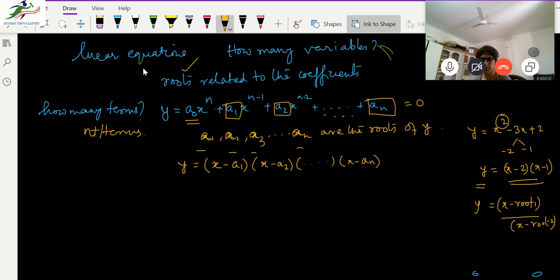Okay. But before I do that, let me simplify this equation a bit more. I can write this as a0 into x to the power n plus a1 by a0 into x to the power n minus 1 plus a2 by a0 x to the power n minus 2 and so on.